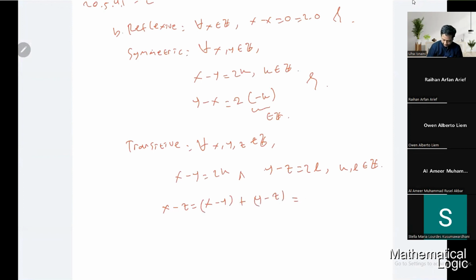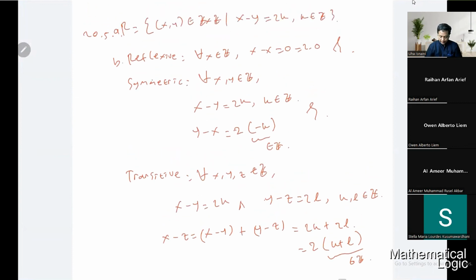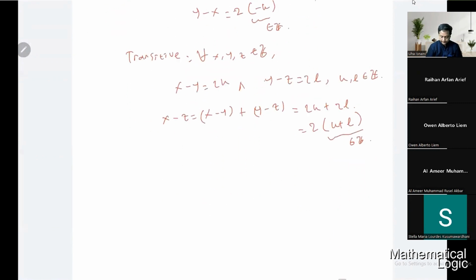So this one is 2k plus 2l. Then we have 2 times k plus l. So k plus l will be an integer also. So we have that our relation is reflexive, symmetric, and transitive.